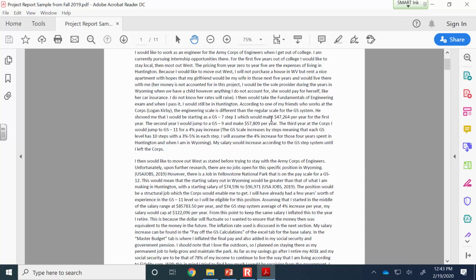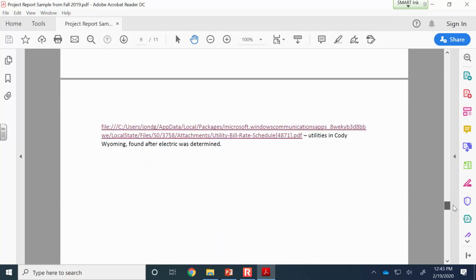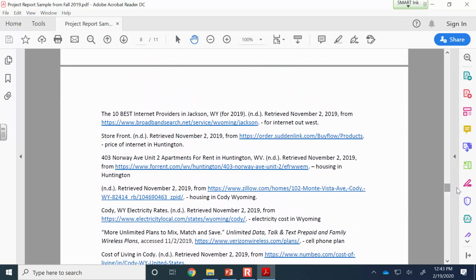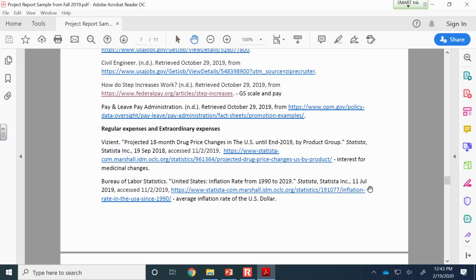And then, assuming that after a few years you jump to a different classification because of improved experience, this student is talking about how the salary goes up over time, and you can see that there are references in there. You notice how it says USA Jobs, 2019. That's a citation for a website. If I go down here to the references, I don't want the link of the website in the body of the report. I want the name of the owner of the website and the year that you accessed it.